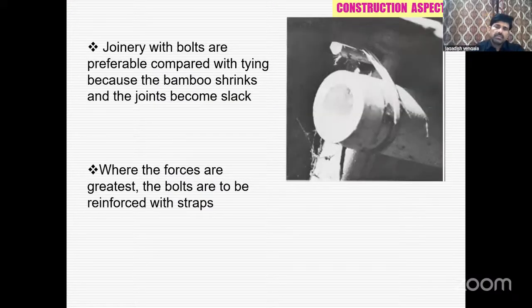But with the traditional joinery methods, as I mentioned, because of the seasonal changes, summer and winter, the joinery slowly gets loosened up. Once a particular joint gets loosened up, what will happen? Suppose a truss has 13 joints and 2-3 joints get loosened up, it affects the entire truss.